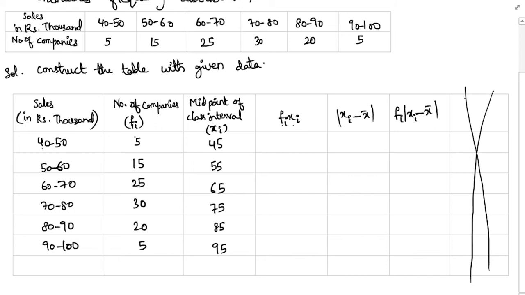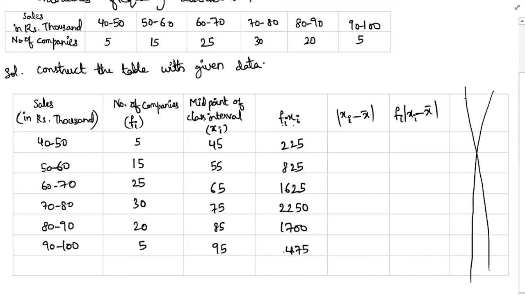What is fi into xi? 5 into 45 is 225. Next, 15 into 55 is 825, so this will be 1625, this will be 2250, and this will be 1700, and this will be 475.